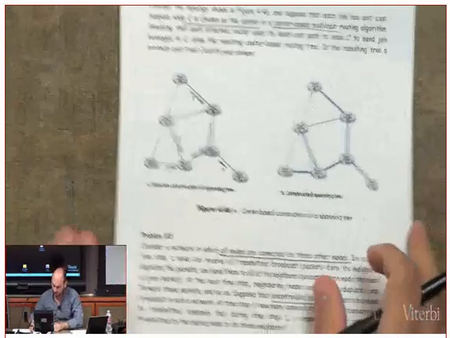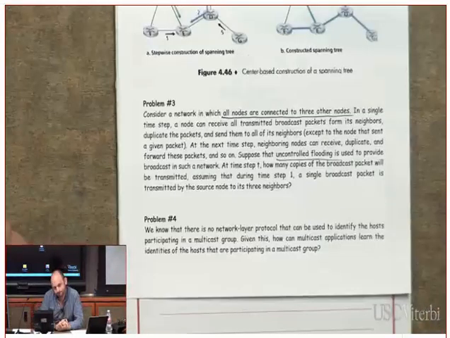For example, an application may periodically multicast its identity to all other group members in an application layer message. All right. So that's the problem.